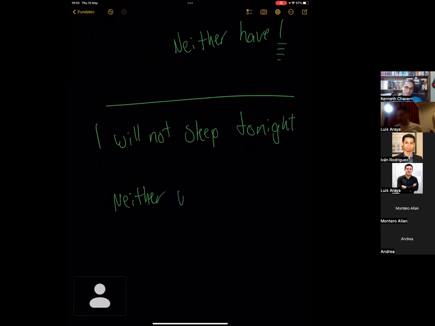So neither will I. You don't need to add any other negative. The negative is already part of neither. O sea, neither te lleva como una partícula negativa. Por eso, el auxiliar no puede llevar nada negativo. Okay, got it. Always we don't use the negative version of the auxiliary.